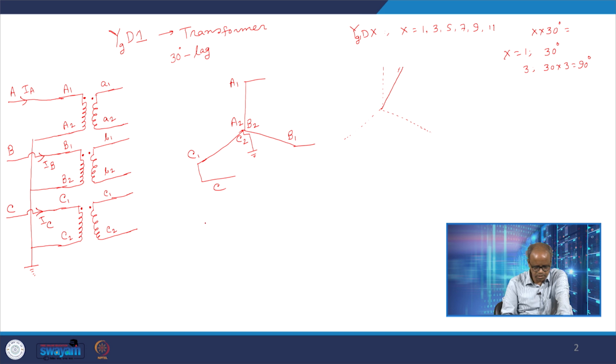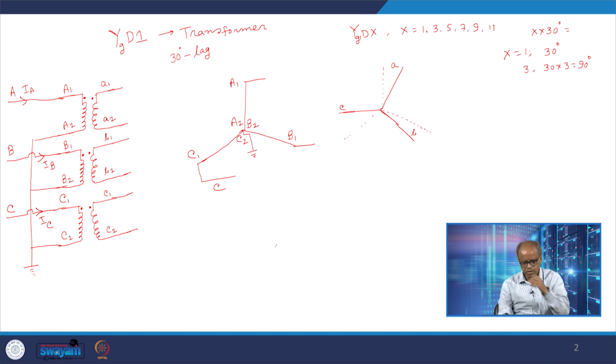So this is 30 degrees, and then my phase B voltage would be shifted again from this by 30 degrees, and my phase C voltage would be shifted from this by 30 degrees. That's how it will look like. Alright, so it is phase A, it is phase B, it is phase C.